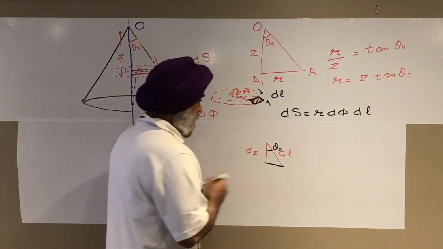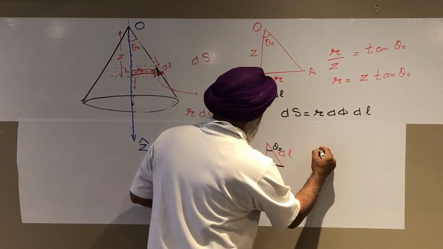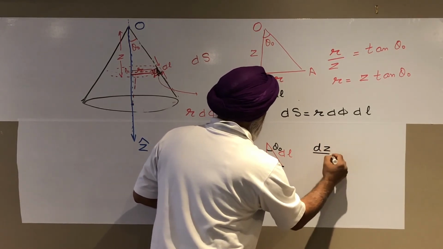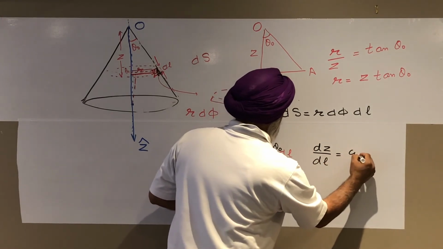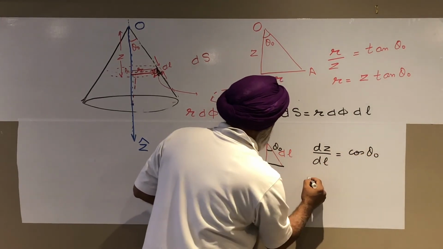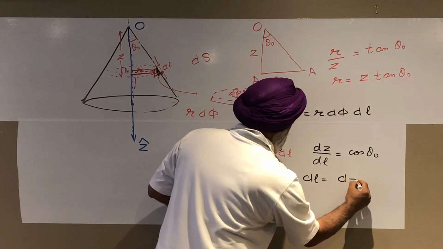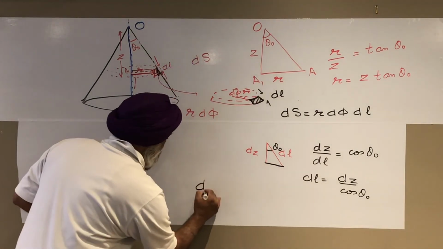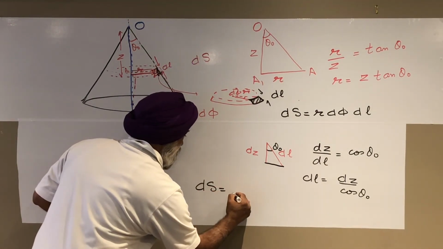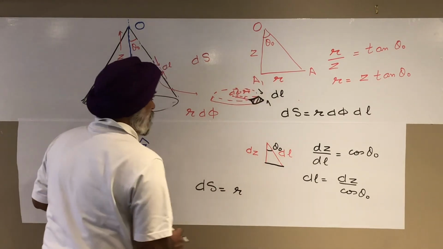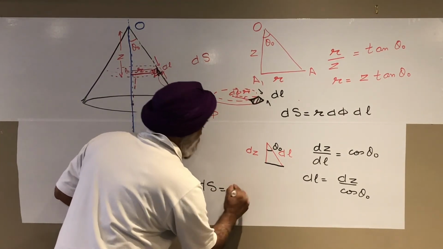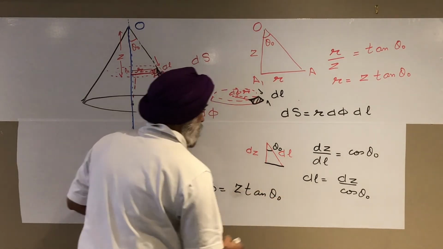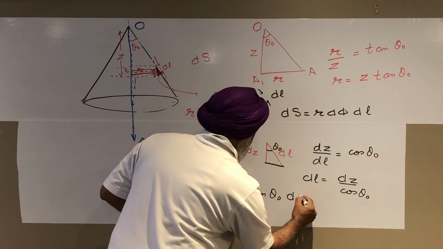So from this right angle triangle, it's very clear that dz by dl is cos theta naught, and thus dl is dz by cos theta naught, and thus my ds element becomes r, which is a function of z, so we can substitute that function of z and theta naught, multiplied by d phi.